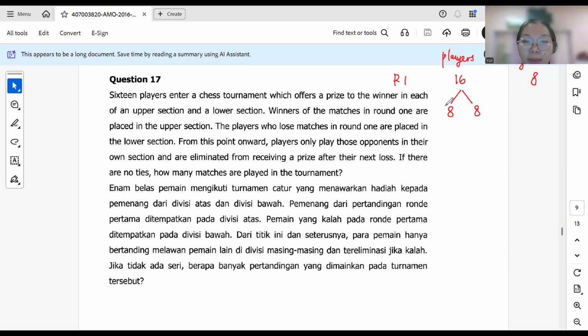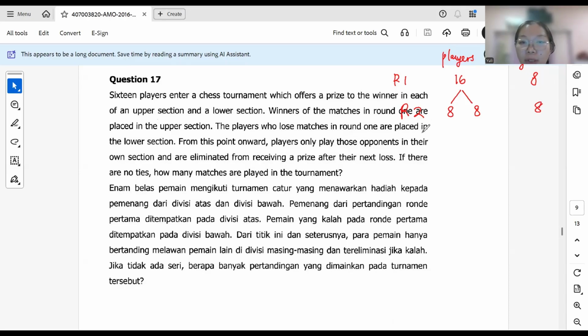This is the upper section, this is the lower section. And after this, there's going to be elimination. In round 2, you're going to have 8 games: 4 games from the upper section and 4 games for the lower section. You're going to have 8 games in total.